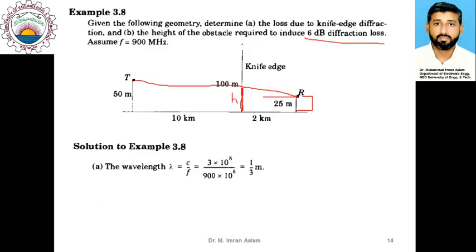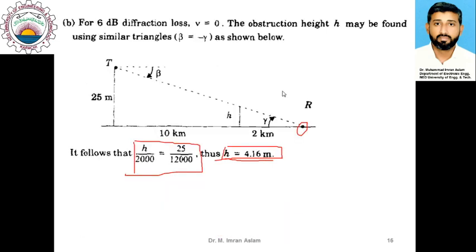If I refer to this geometry again and ask what the total height of this knife edge diffraction would be to have a 6 dB diffraction loss, in that case you would be required to add this 25 meters as well. So this will be 4.16 meters plus 25 meters, or 29.16 meters height.